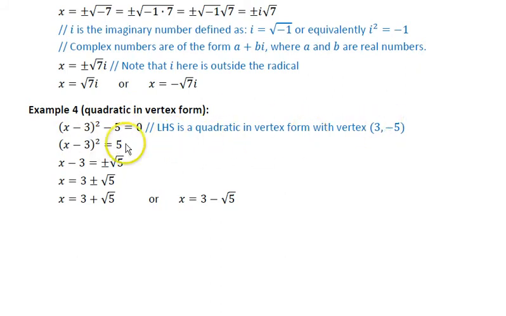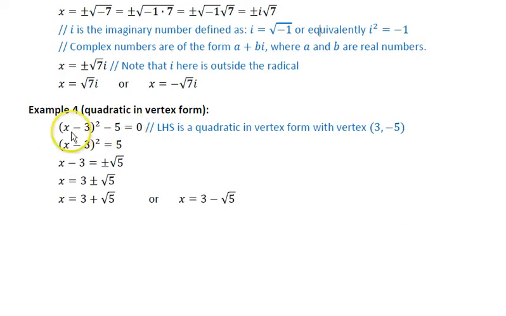It turns out that when it's in vertex form, you can read off the vertex, and for this particular one it becomes 3 and negative 5, because in vertex form there's normally a minus sign here and a plus sign here, and that's what makes one of them a minus, because this is a minus of a minus to get a plus.